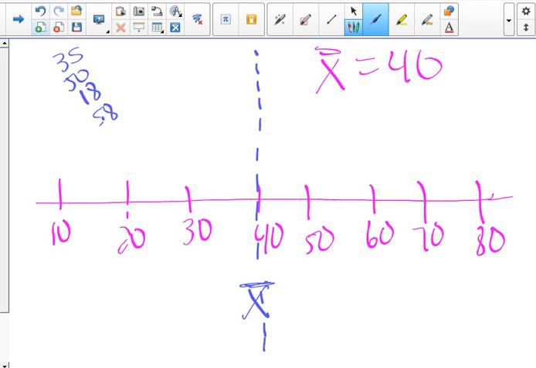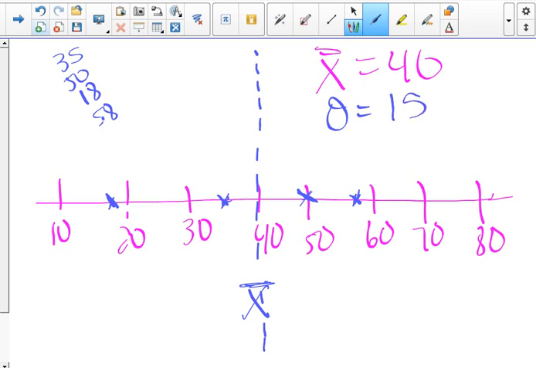Let's mark those real quick. So 35 would be about right there. 50 would be here. 18 is about right there. And 58 is about right there. Okay? Now, what if I say my standard deviation, my sigma, is equal to 15?